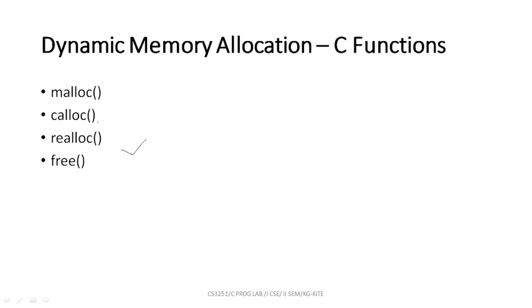Realloc: if we don't want to use the memory which was already allocated, and we want to use it for further programming or for storing some other data, we can make use of this realloc function, erase whatever was allocated earlier, and make a new allocation.